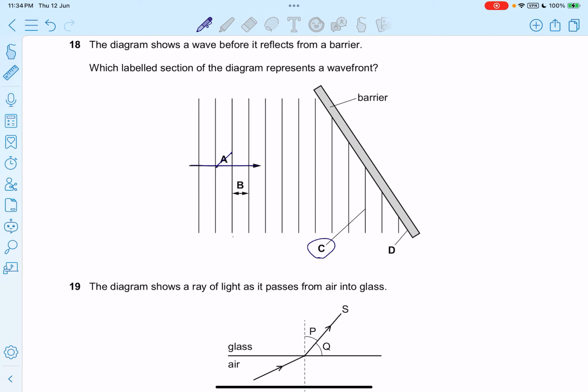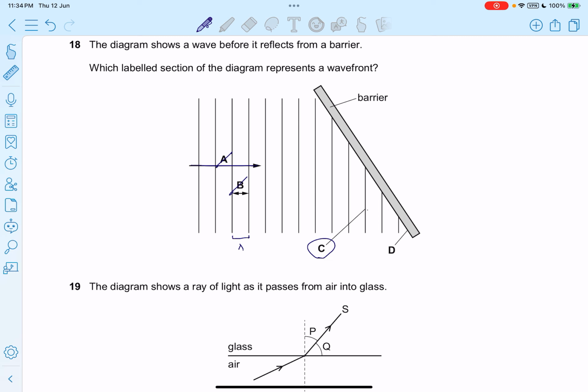B is the distance between two of the highest points. So this means B is the wavelength, lambda, so B is also wrong.